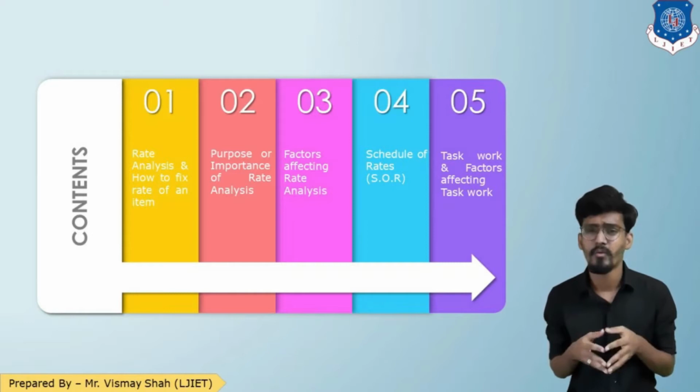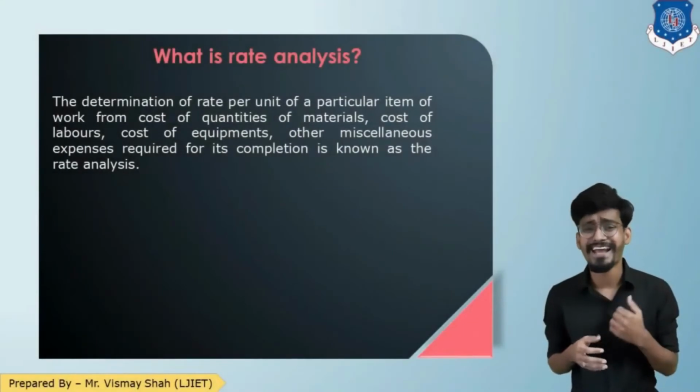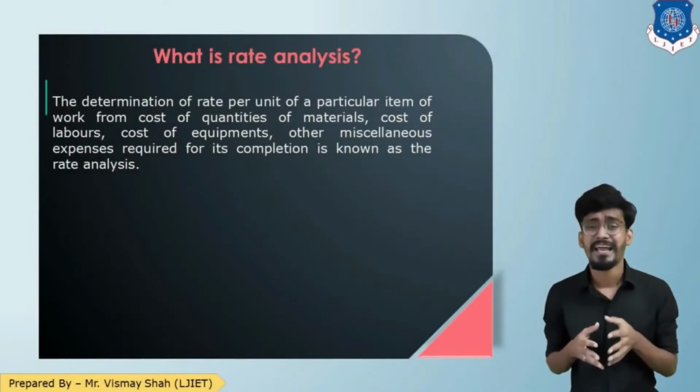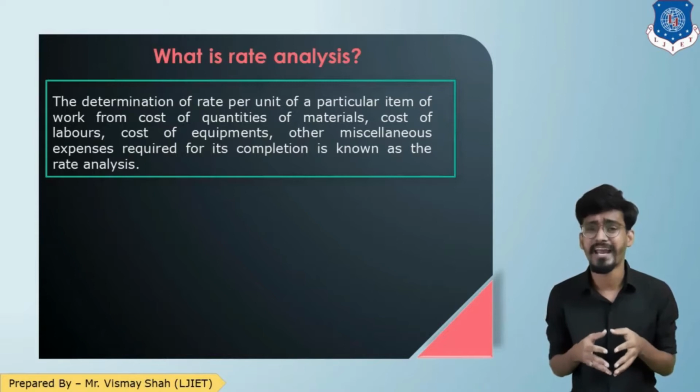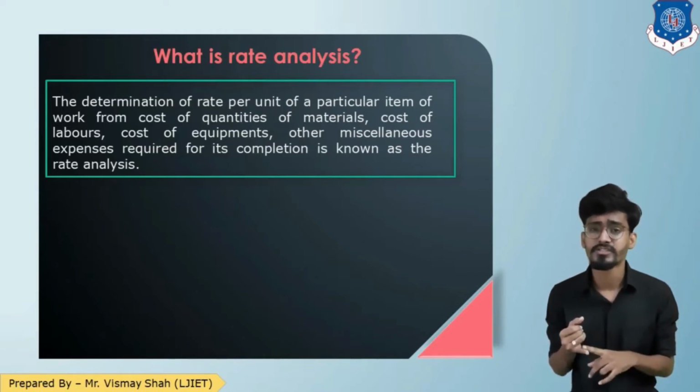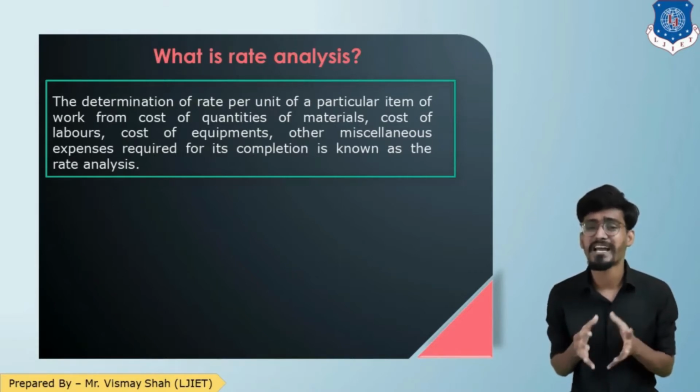So let us begin with what is rate analysis and how to fix the rate of an item. So what is a rate analysis? Students, it is the determination of the rate per unit for a particular item of work from the cost of materials, cost of labors, cost of equipments and cost of miscellaneous expenses which are required to complete that item of work.